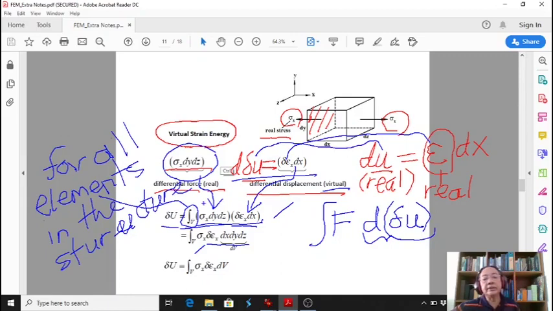This is why we use integration here. Virtual U represents the strain energy, and this is just virtual, not real. So we simplify: virtual U for the structure equals the integral of sigma x times virtual strain times dV.